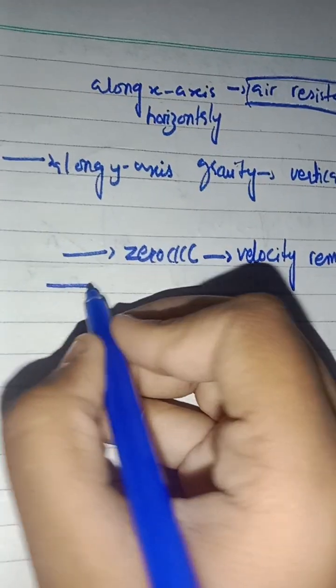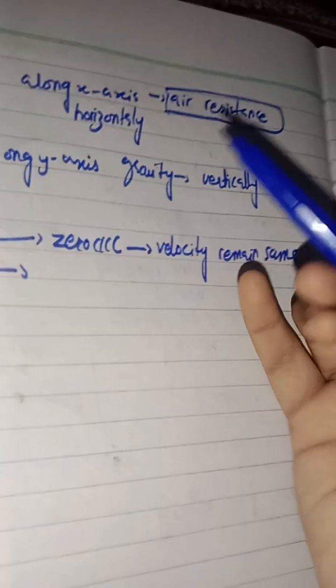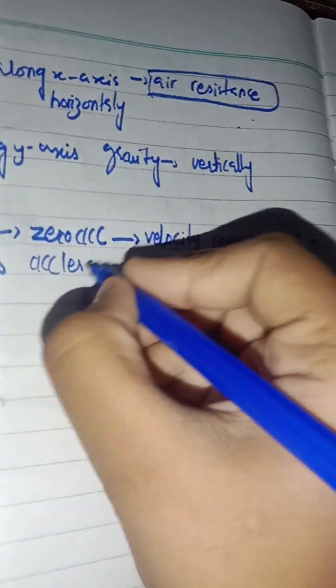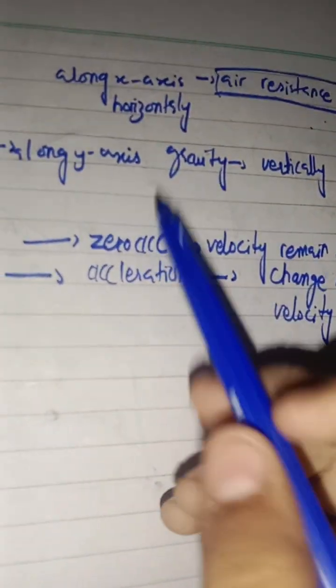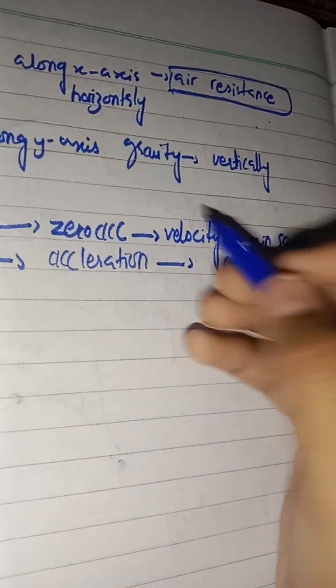Now if we take gravity, it is a force, and this force is applied, so there will be acceleration and the velocity will change. No constant velocity, because acceleration is there. So on the x-axis we are neglecting air resistance.